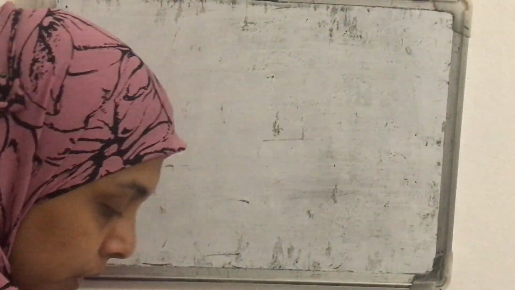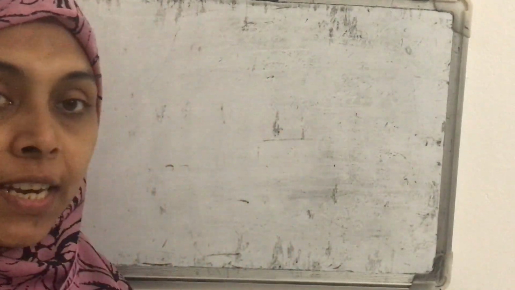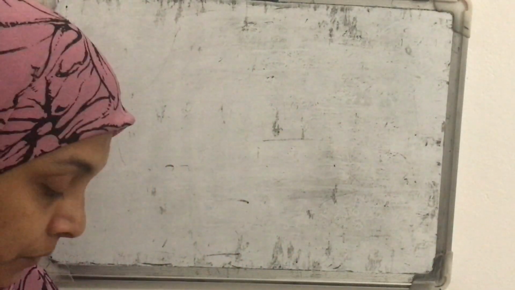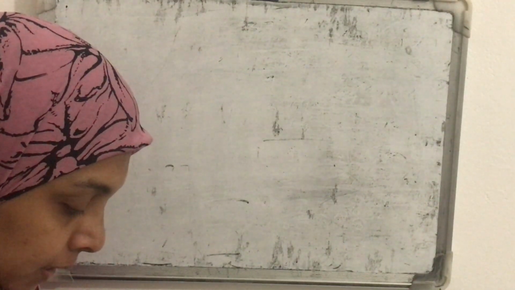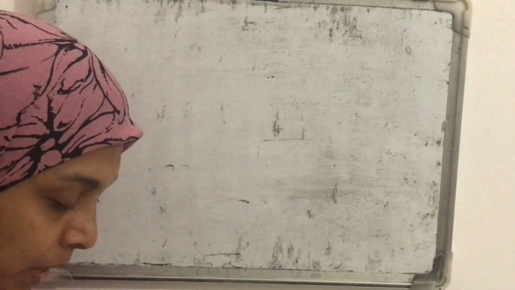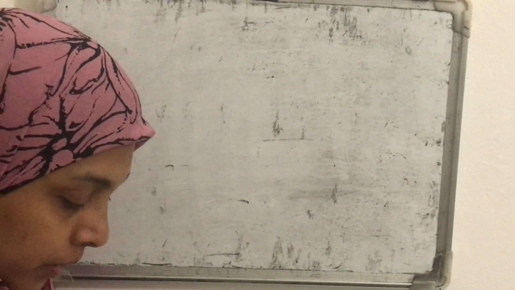Click this question: find the least number that must be subtracted from 5607 so as to get a perfect square. Also find the square root of the perfect square.